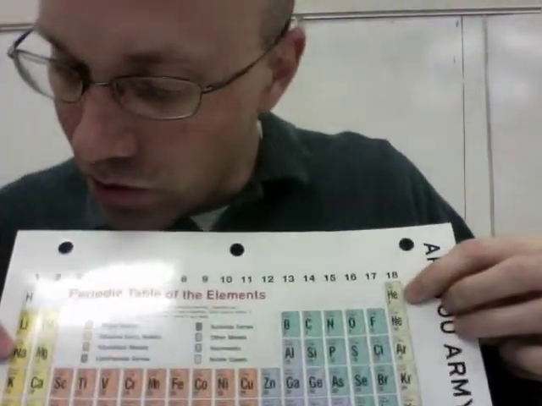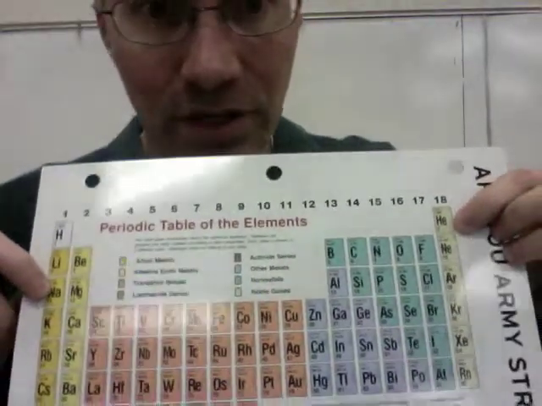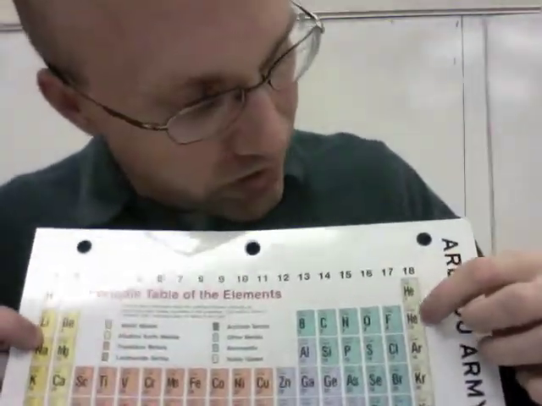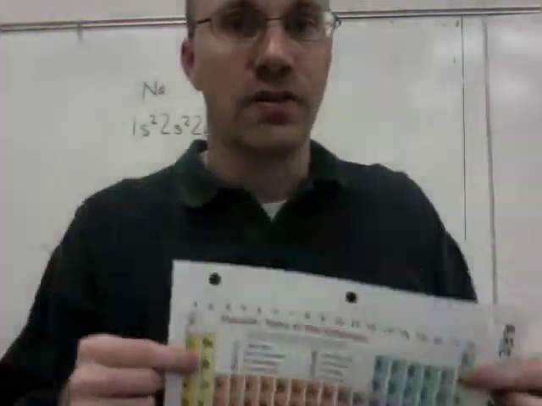Which one of these noble gases is sodium closest to? The one it's closest to is neon. Neon's atomic number is 10, sodium's was 11. So what the octet rule says is that sodium wants to achieve neon's electron configuration.